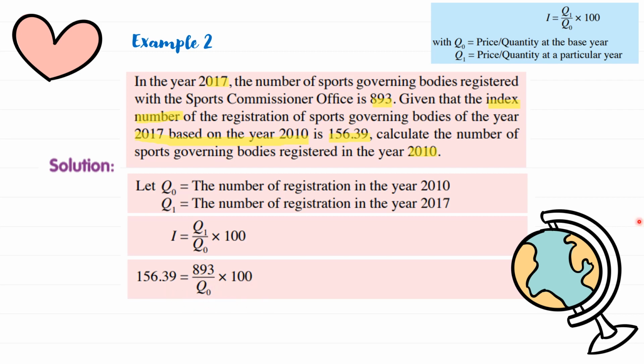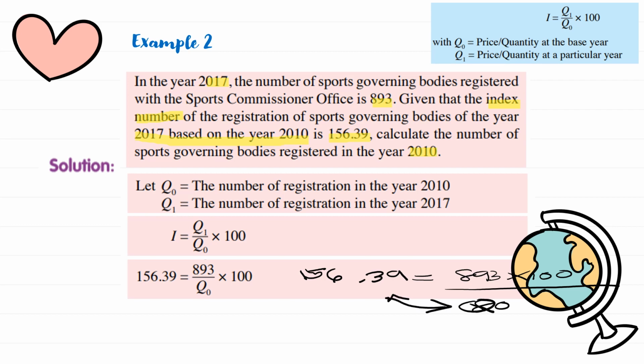So you can write 156.39 is equal to 893 times 100, divided by Q naught. Change places, so Q naught is equal to 893 times 100 divided by 156.39.